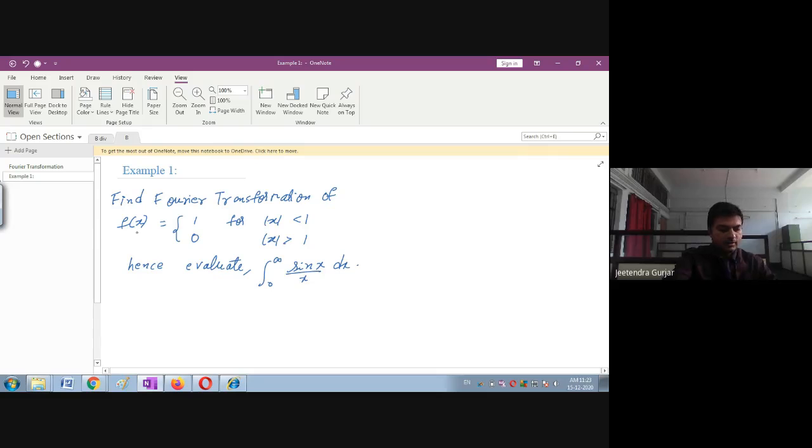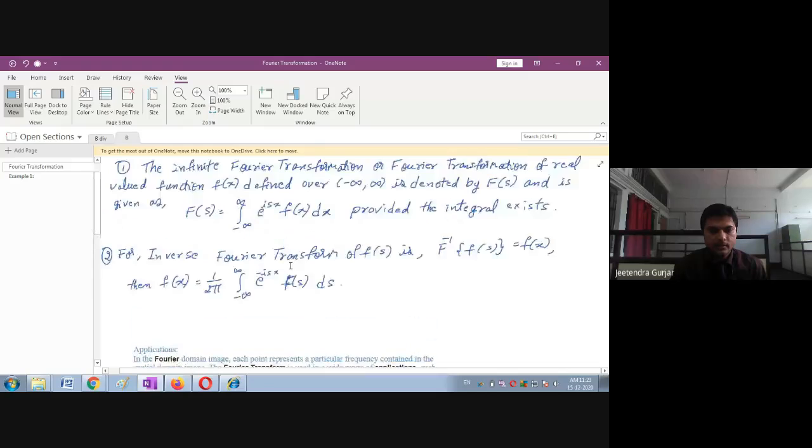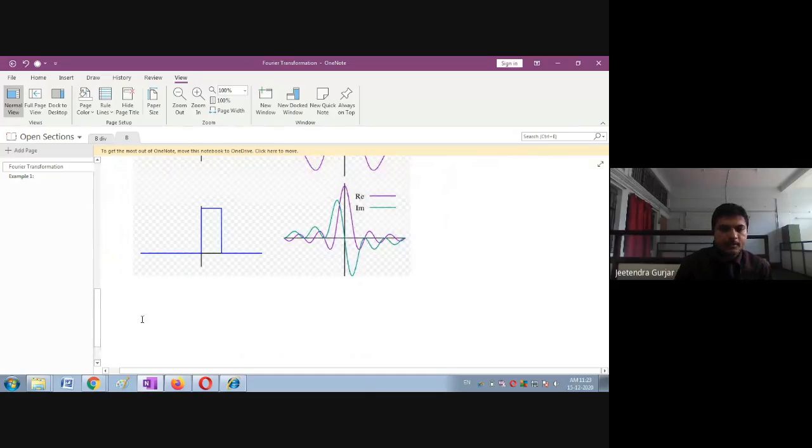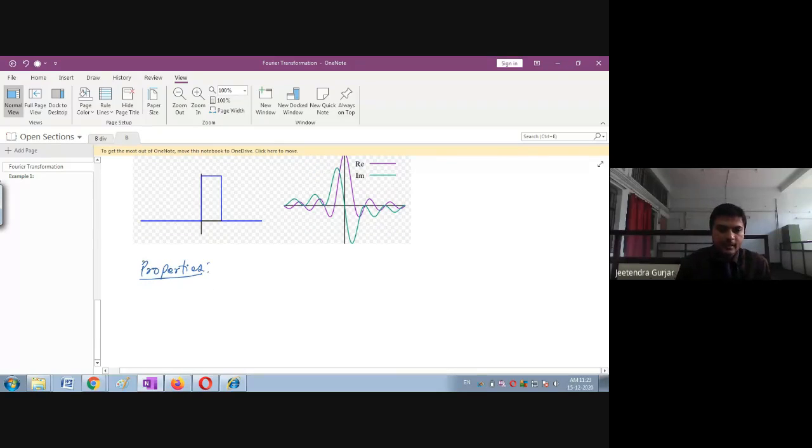Before this you should also know some of the properties. So just take down some properties here. To simplify the example, you should know very simple properties. I think you have come across these properties, even in the first lecture of the Fourier series, where I quoted some applications of Fourier transformation.